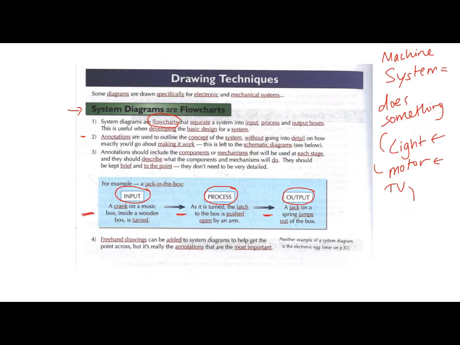It won't say specifics of exactly how the electrical circuit might work, for example. And the annotations normally include the components or the mechanisms that will be used at each stage. And it gives a bit of a description of what they will do, but it should be kept really brief and to the point. They don't need to be very detailed. And also sometimes you can add some little doodles or some little drawings to show how the system works. So I've got an example on the next slide.